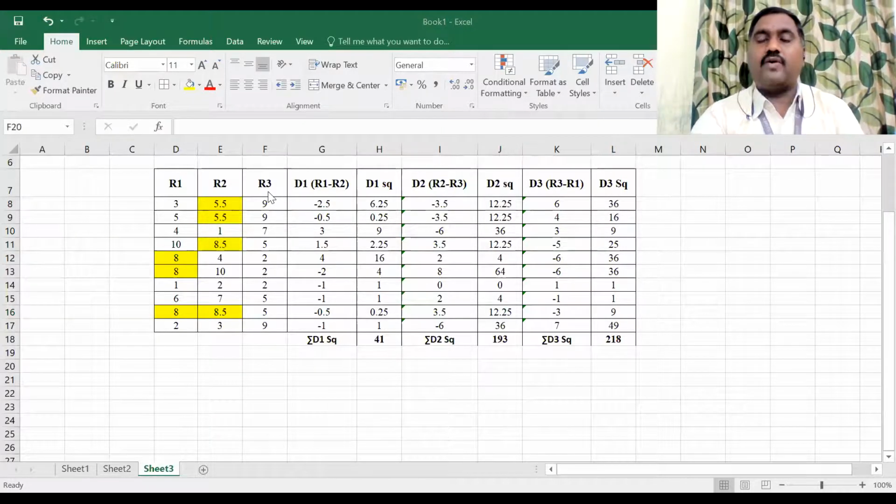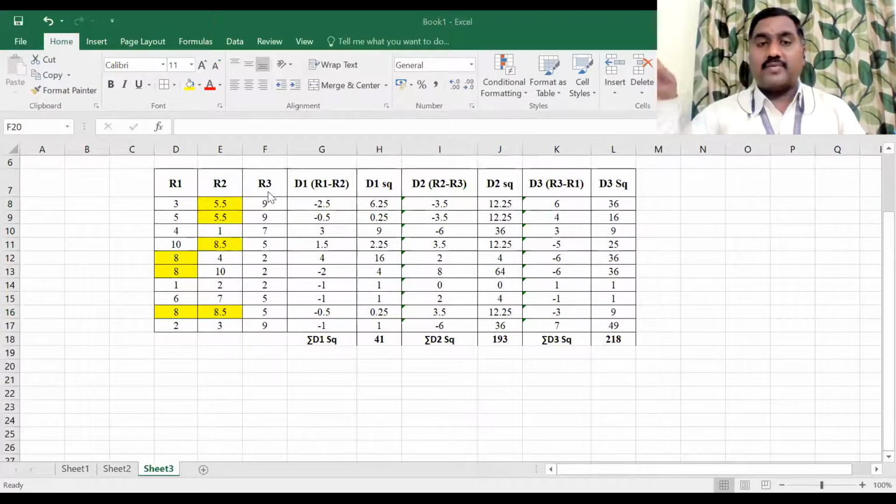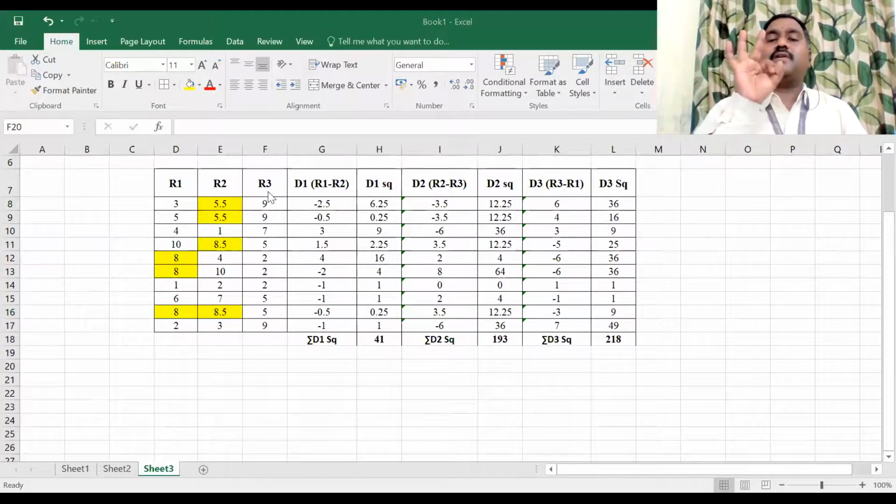Very good. We have to put 1/12 into m power 3 minus m, 3 times because 3 numbers are repeated, for the R value of the two judges A and B. What are the 3 numbers? 8, second 8.5, third 5.5. So 3 numbers are repeated.